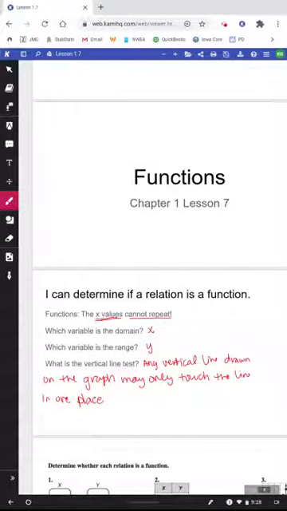So usually what you're going to do is take your pencil and you're going to slide it across your line and make sure that as you're sliding at each point, your graph is only touching your pencil in one place.